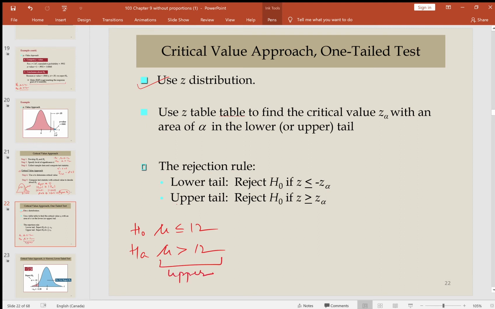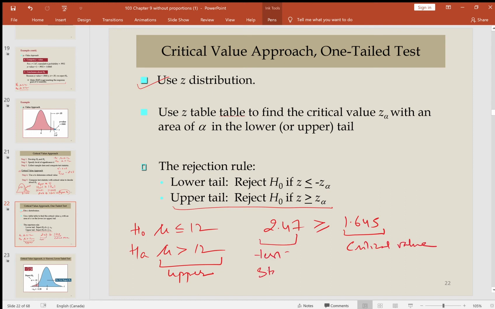So we reject the null if z is more than or equal to z alpha. Our z calculated is 2.47 and z alpha from the table was 1.645. So this is more than the value from the table, or the critical value. This is called the critical value, just as before, and this is called the test statistic. Because the test statistic is more than the critical value, we can reject the null.